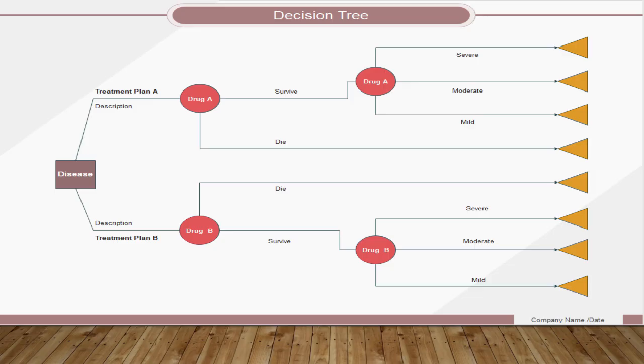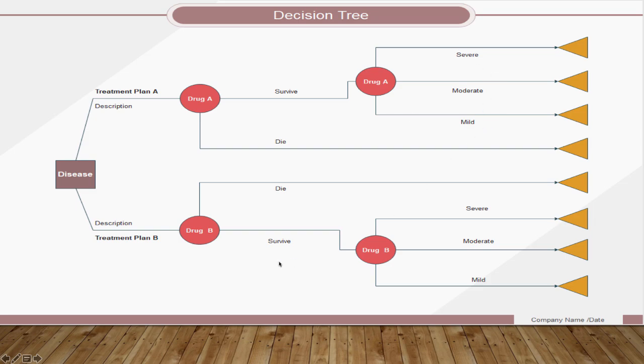Same thing here. We've taken the numbers out for you, but this square rectangular area, that's our decision. I've got some patient with a disease. Do I go with treatment A, treatment B? I've got drug A, drug B. Each has a chance of survival or death. If my patient survives drug A, I keep giving drug A, and then what is the outcome?